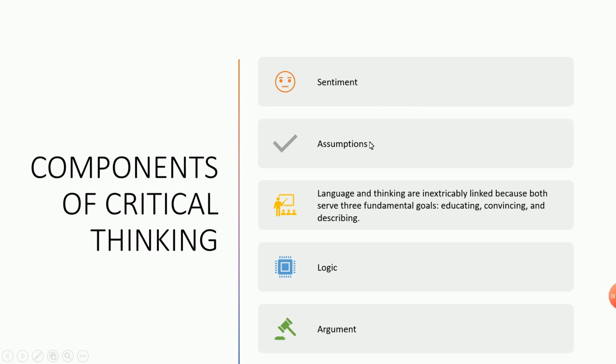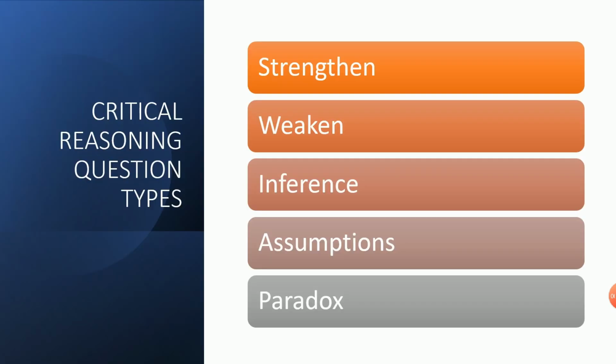Because of our sentiment, we assume certain things, and based on our assumptions we convey our thinking through our language to others, and together we try to identify the logic. Once we reach a certain logic or point, we argue that point. So these are the components of critical thinking.